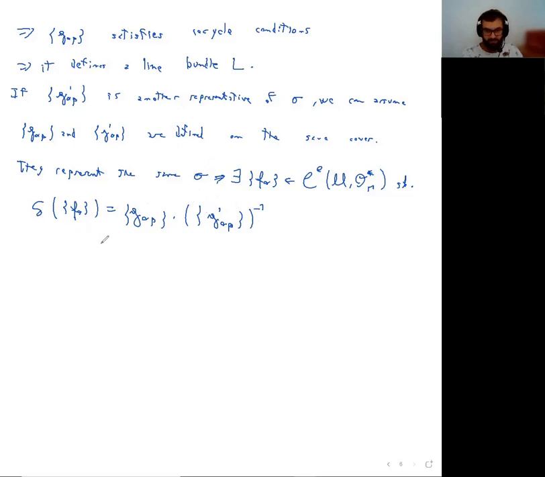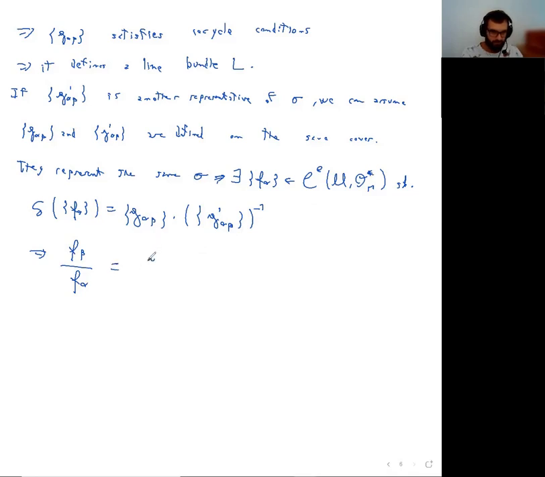But let's just see it. Again, we're in multiplicative notation, not additive notation. So this is not f_beta minus f_alpha, but f_beta divided by f_alpha. We can do this because these are non-zero holomorphic functions.